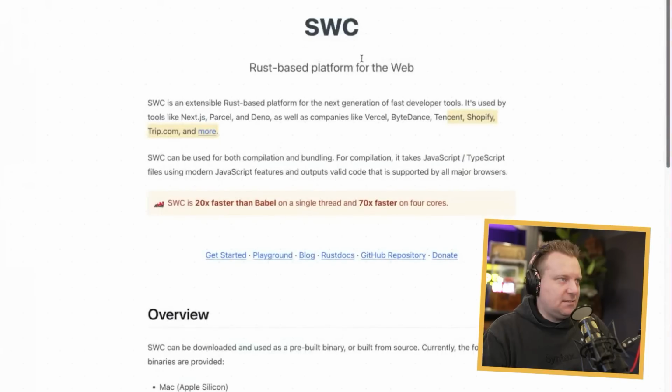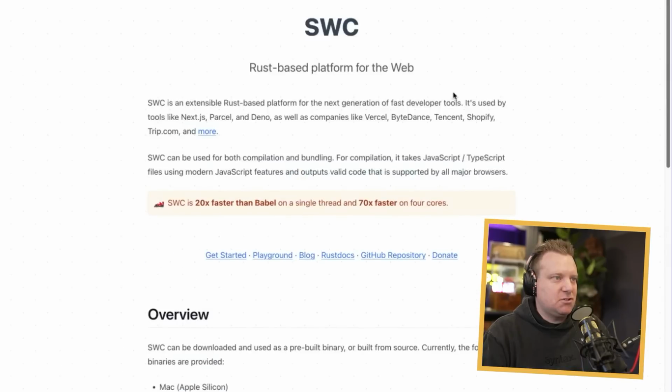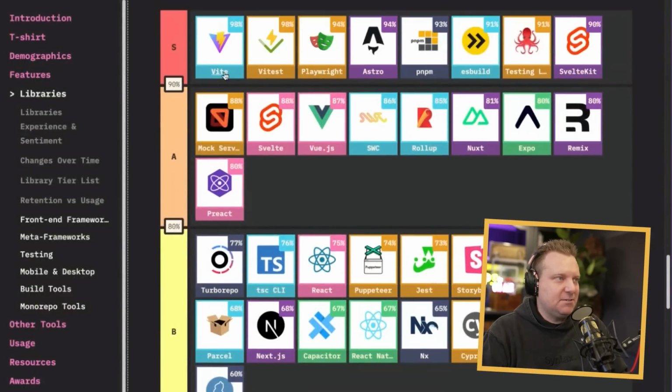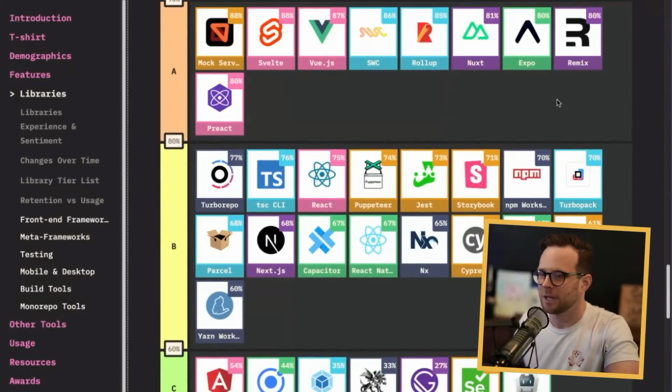Yeah, SWC is the Rust-based bundler or parser, and it's used by Next, Parcel, Deno. I'm assuming this is used in TurboPack under the hood. Vue uses ESBuild and Rollup, and Parcel and Deno use SWC. I'm more of a fan of SWV for people out there who like 90s R&B.